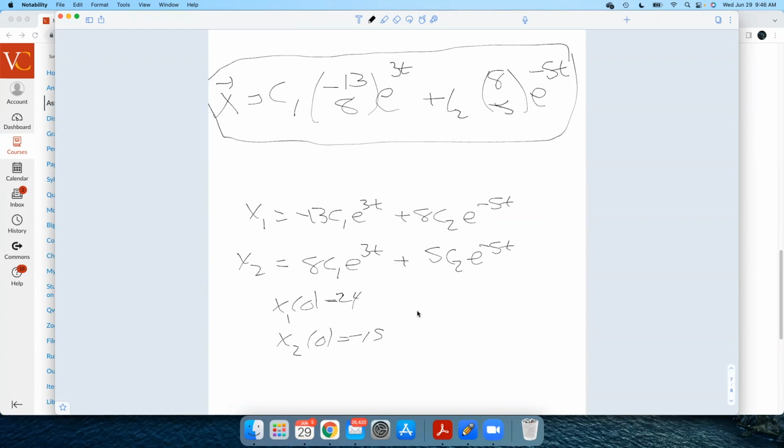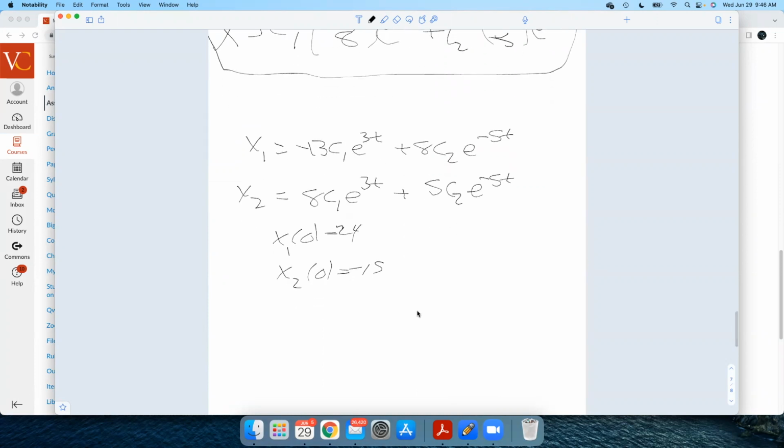Okay, and then again, we get some nasty system here. I mean, I guess we can write it all out. Negative 13 C1 e to the 0 is just 1 plus 8 C2 e to the 0 is 1 equals 24. And then from the second one, 8 C1 plus 5 C2 equals negative 15. There's my system of equations.